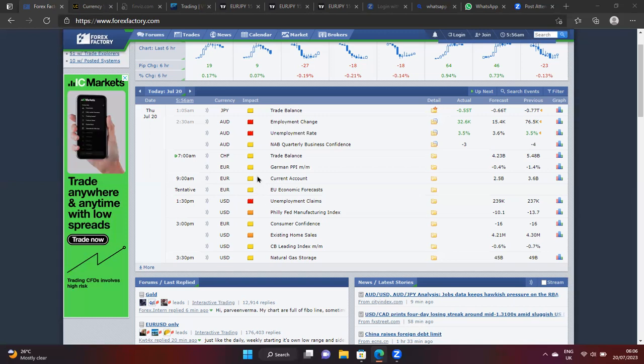So these are major impact news. We have this news in sequential order, and those with red flags or red color are negative, very high negative impact news. You shouldn't trade those currency pairs.